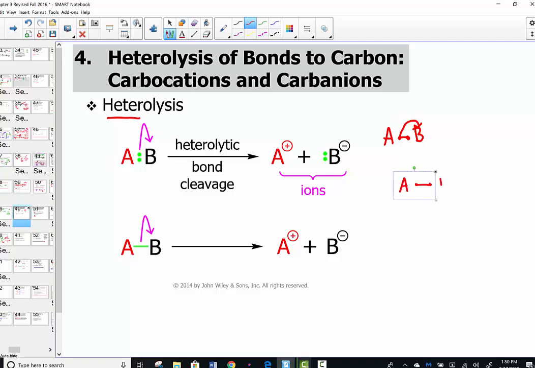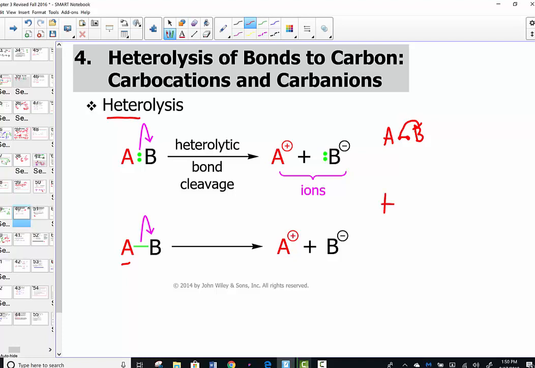Later, we'll introduce a homolytic bond cleavage in which one electron goes with each, forming a radical, but that is not the story in this chapter. So let's focus on both electrons going to the more electronegative species. So you see, if that happens, A results in a net positive charge, and B would result in a net negative charge.